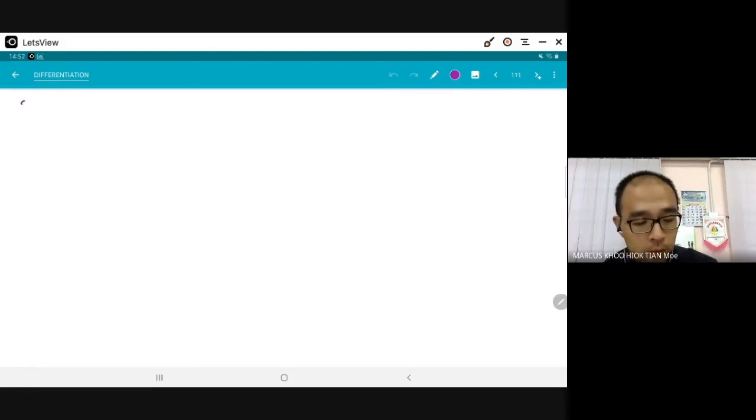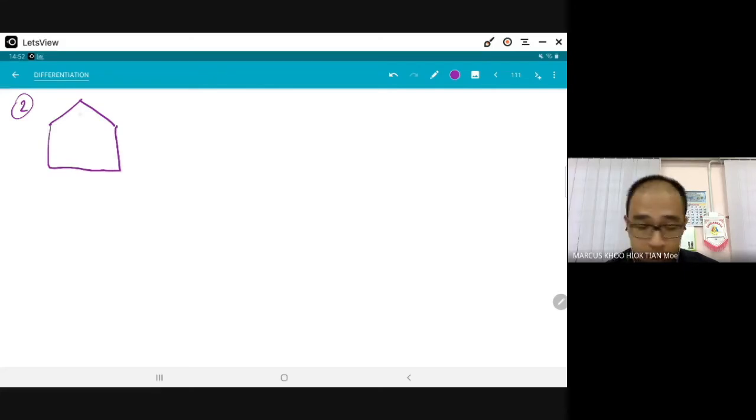Okay, number 2. Same thing, piece of wire of length 240 is bent to make a shape, yada yada yada. Express y in terms of x. So this is our pentagon over here. This is 13x. This is 13x. This is y. This is 24x. This is y. Okay, can you form the equation?